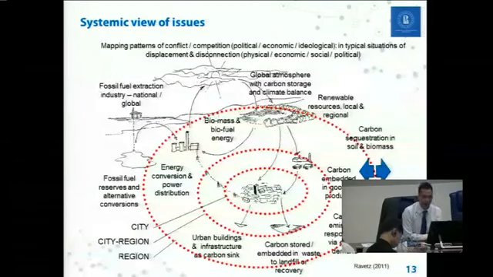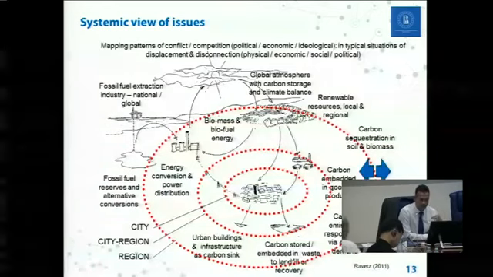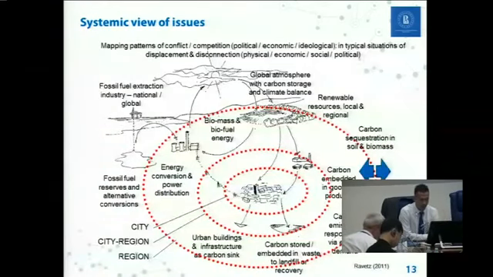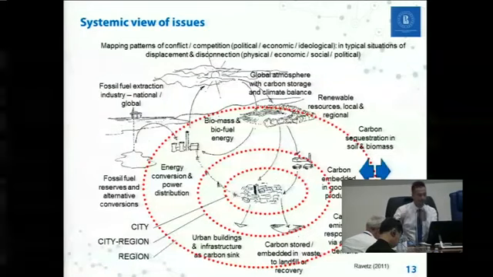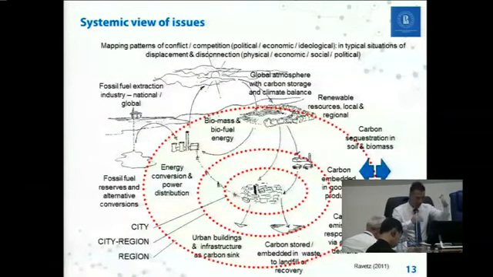So there are multiple levels, and our strategies and planning for the future of such technology should look at the global, national, local, and settlement levels in a multi-level approach. So this is the systemic view of the issue.